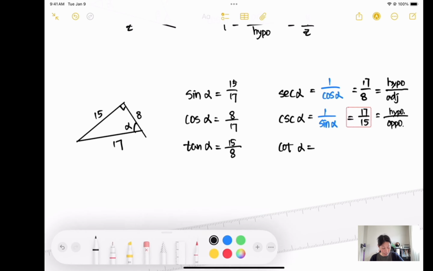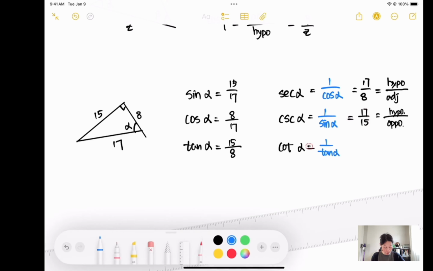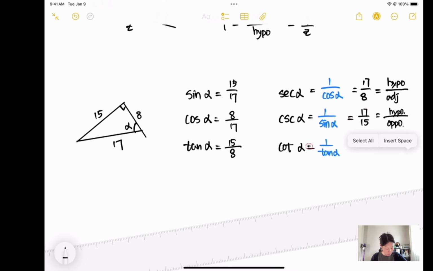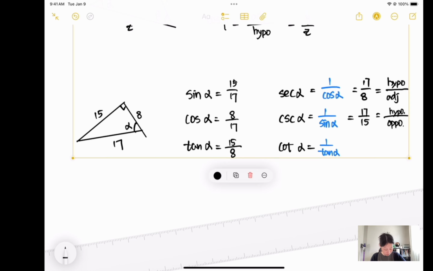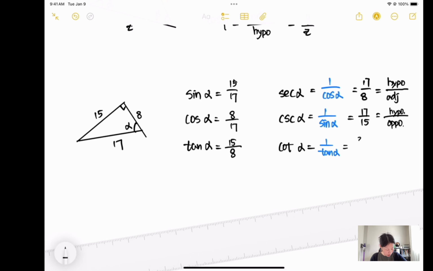Cotangent is the reciprocal function of tangent. So cotangent alpha is equal to 1 over tangent alpha, and this is equal to 8 over 15. Or by the definition, it's the adjacent over the opposite side.